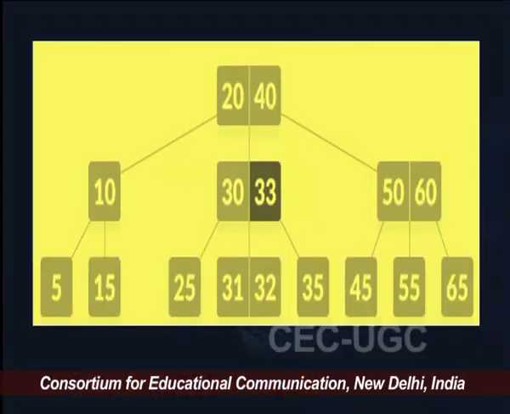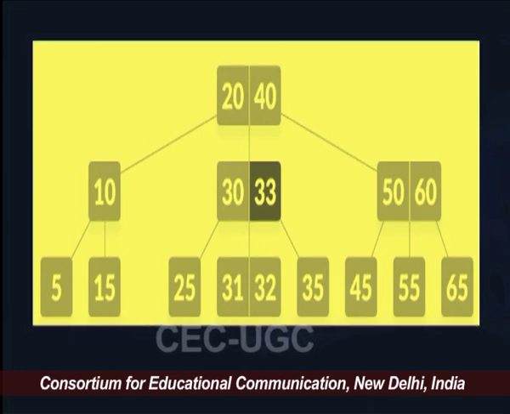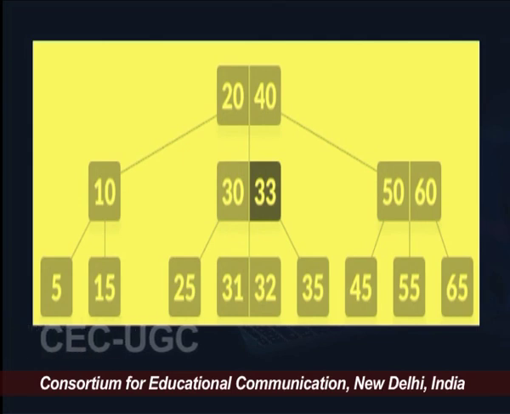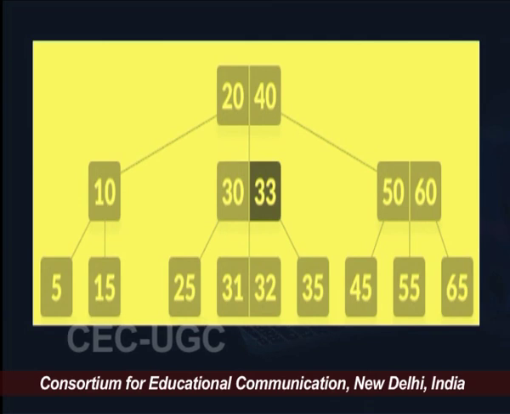So, let us look at this case 2. Here we have a figure, and I am concentrating on just the subtree which is of concern to me. Here we want to delete 33. If we delete 33, the node from which we are deleting will be having 30 only.